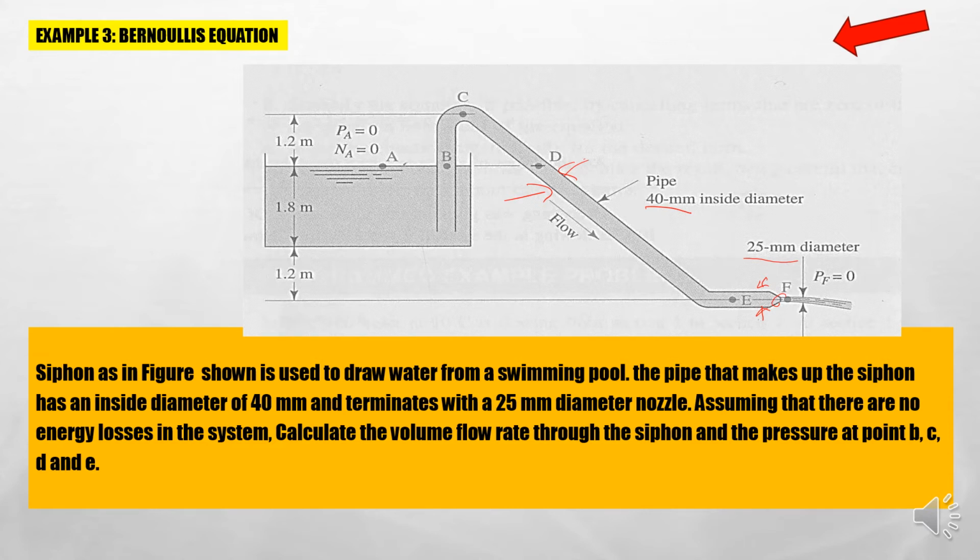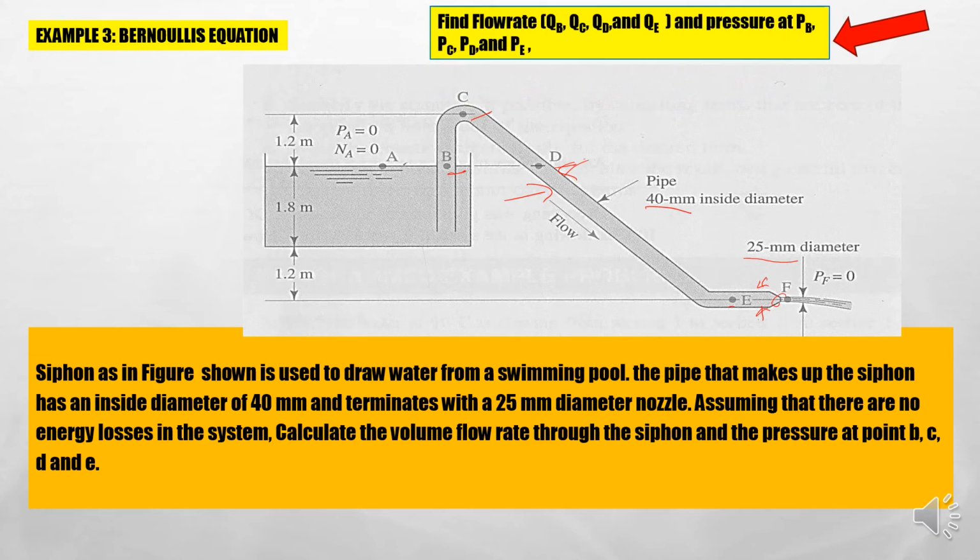As you know, PA will equal 0 and the pressure at F will also equal 0, and you need to get the flow rate through the siphon and the pressure at a few different points: pressure at point B, C, D, and E.